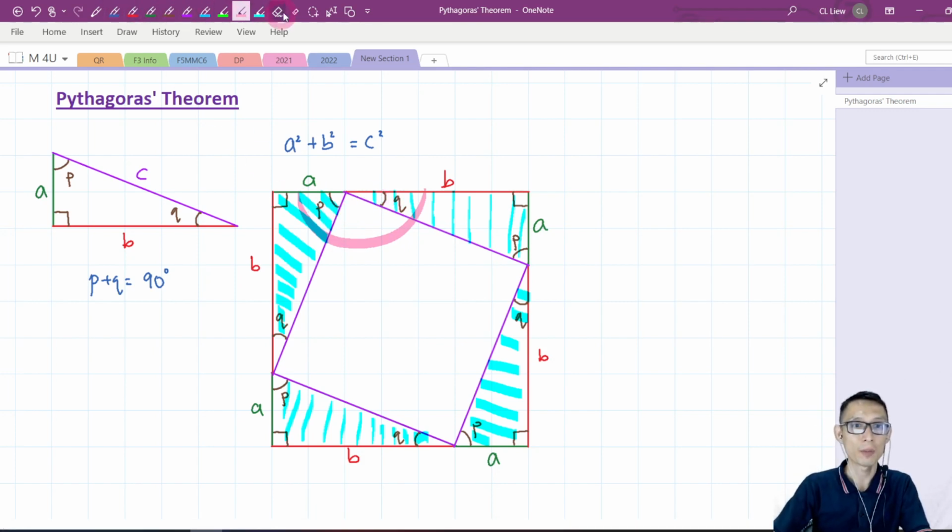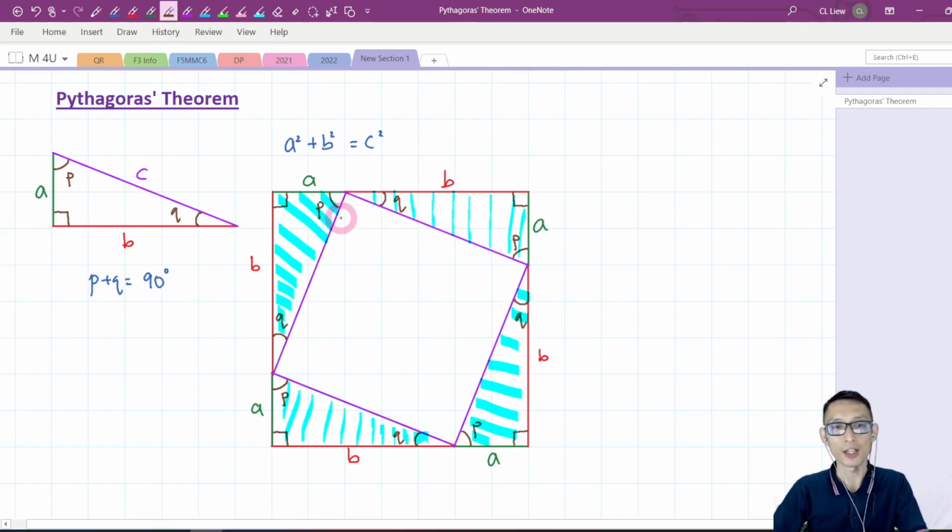Or maybe I can explain this to you this way. Let's say I don't know this angle, and I just let it be Z, for example. First I know that P plus Q plus Z will be equal to 180 degrees, a straight angle. And from here I know P plus Q is equal to 90 degrees.